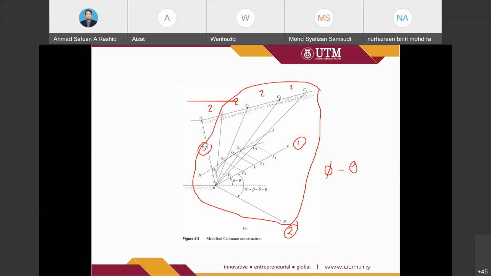From there, we draw a line from B to C1, B to C2, B to C3, and B to C4. So that is the third step.